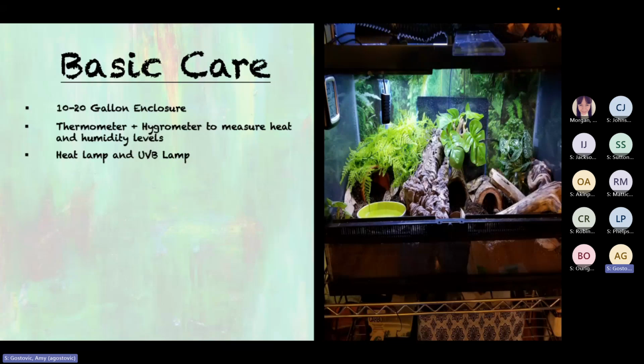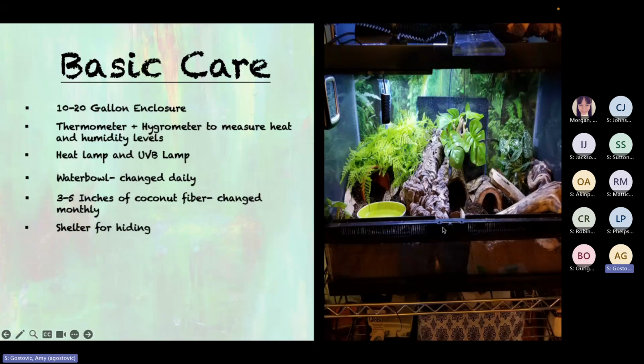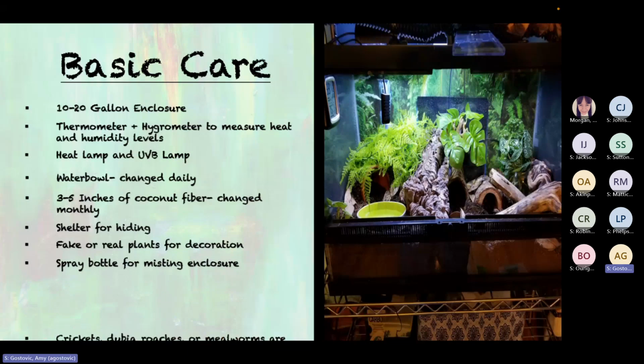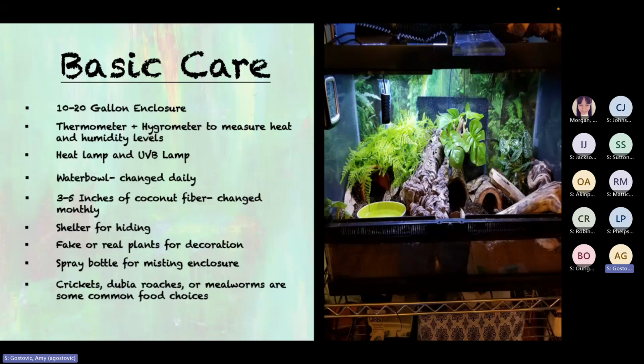They need a heat lamp and a UVB lamp, a water bowl, which should be changed daily, 3 to 5 inches of coconut fiber substrate, which should be changed monthly, a shelter for hiding, like this little log hide here in the picture, fake or real plants for decoration, because they make everything look prettier, a spray bottle for misting the enclosure, because the soil should never be dry, and crickets, dubia roaches, or mealworms are some common food choices. Baby Pac-Man frogs should be fed every day, versus adults, who should be fed every other day, but depending on the frog, it could be a week or more between feedings.